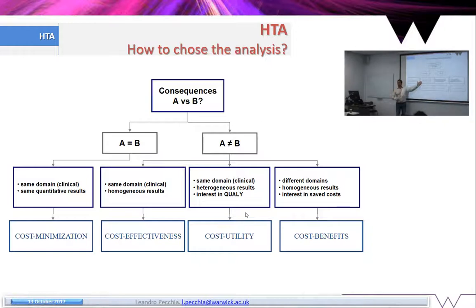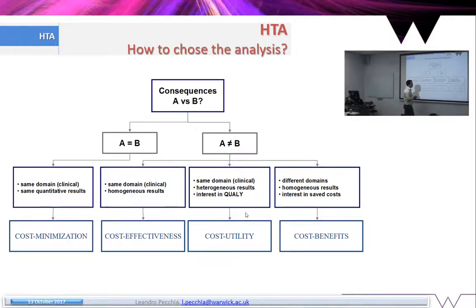We mentioned before pain, only mobility, only mortality, one clinical outcome, then a cost effectiveness analysis is enough, or cost effective, well, depends if you have real life or not. But if I have more than one clinical outcome that I want to work on, then I need to define a function, quality of life, because I want to compare two interventions which have an impact on mobility and pain, in which case I need the utility function.